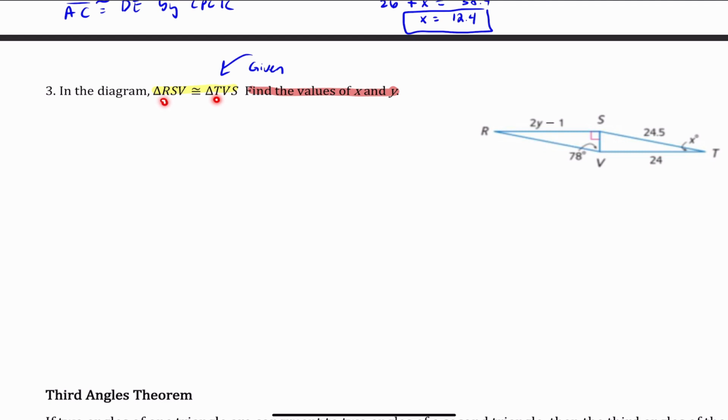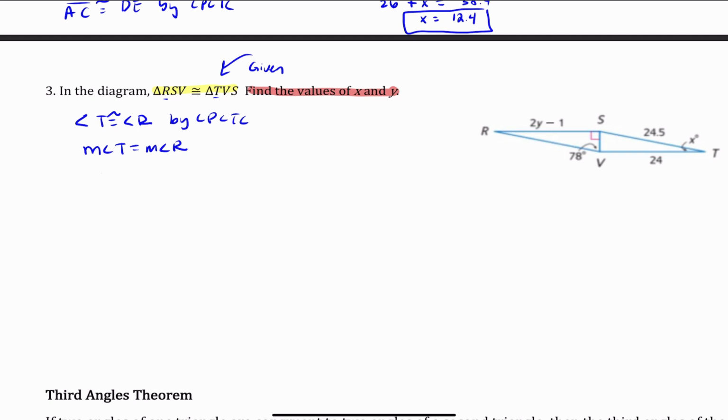Because those two things are congruent by CPCTC. And then measure angle T is equal to the measure angle R, and that's me using the definition of congruence.